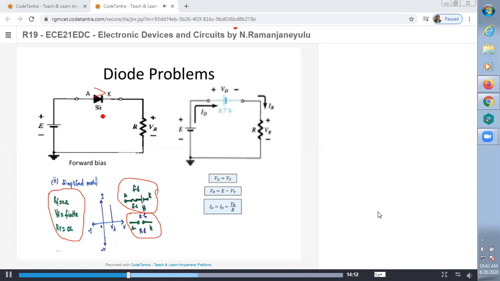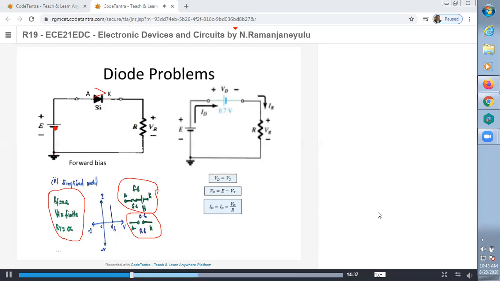First find the anode potential. Here the anode is connected to the battery positive terminal. Now the cathode: initially there is no drop across the resistor, so the drop is equal to 0, and the cathode is directly connected to ground.